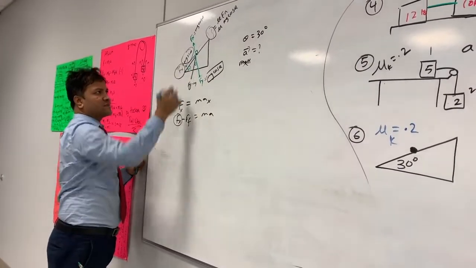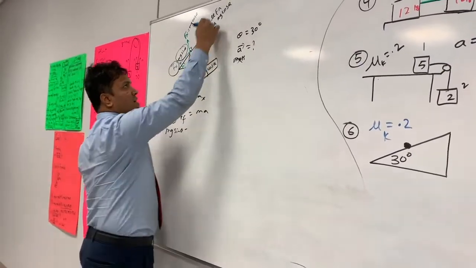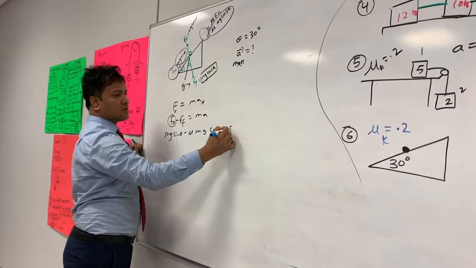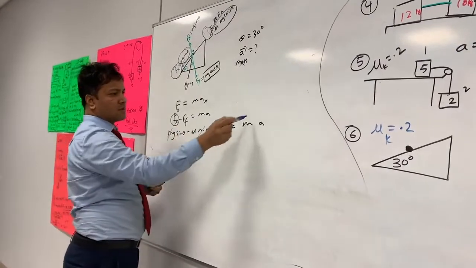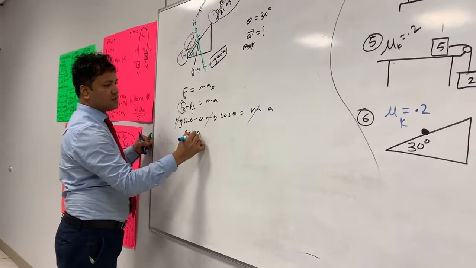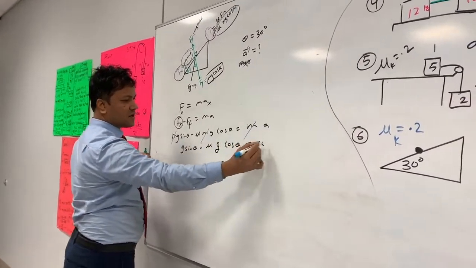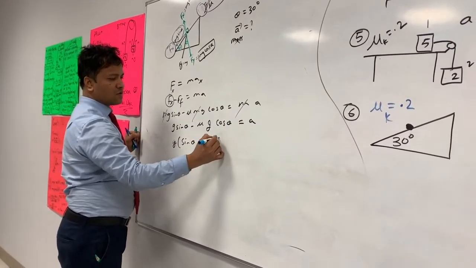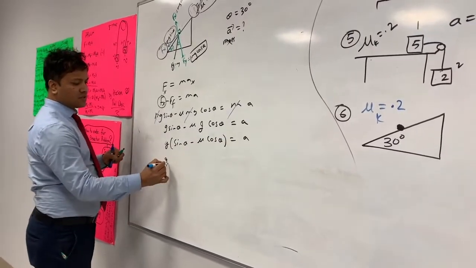Fx is mg sine theta, minus Ff, which is mu mg cosine theta, equals ma. As you see, the m's cancel. So we're left with g sine theta minus mu g cosine theta equals a. Factoring out g: g times (sine theta minus mu cosine theta) equals a.